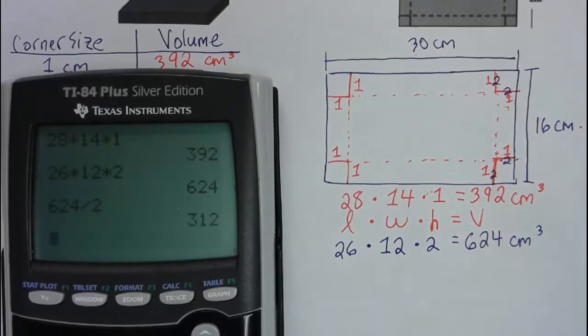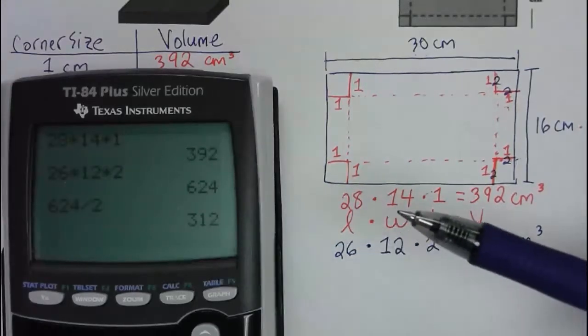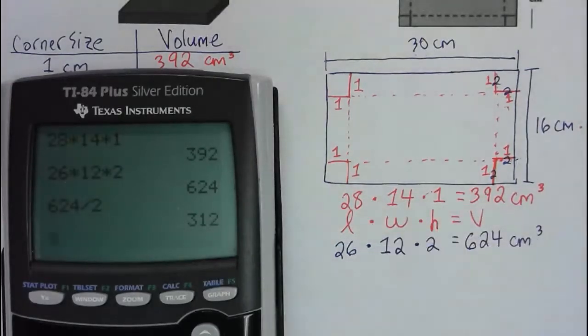So I doubled the corner size, but I less than doubled my volume. So we definitely don't have a linear relationship. It could be quadratic or cubic or another polynomial, but we know it's not linear. If we double our x, our y's should follow that pattern too, if it is in fact a linear pattern. And that is not what happened here.